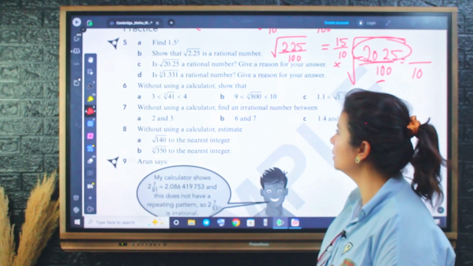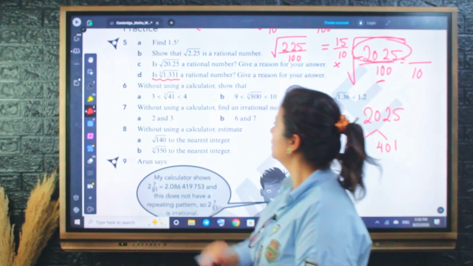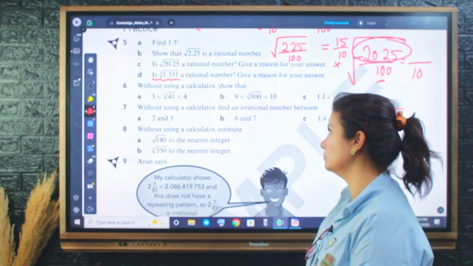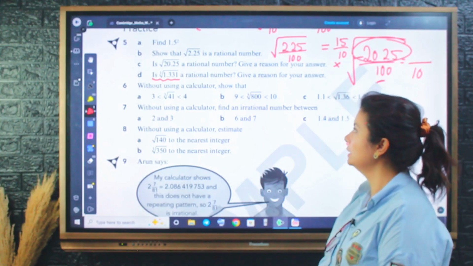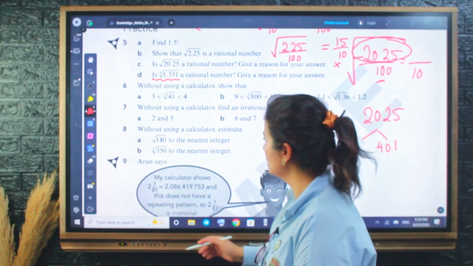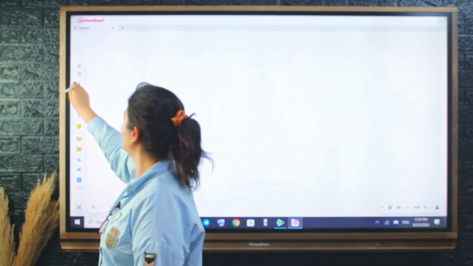Okay, the next number is the cubic root of 1.331. Is it a rational number? Give a reason. So let's leave a space here.